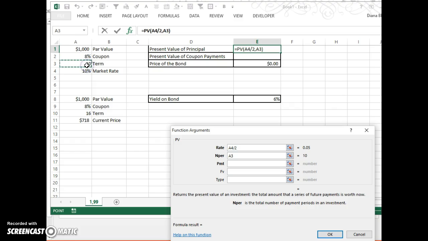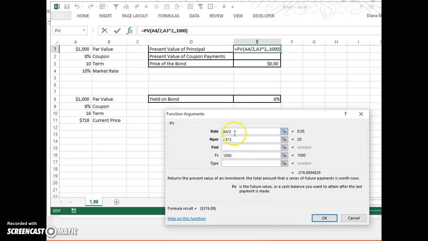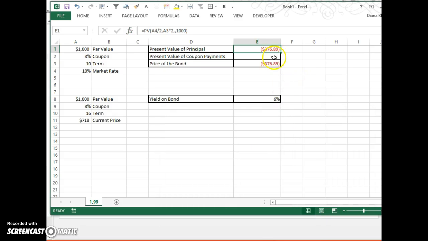And so the number of periods is 10 times 2, 10 years times 2 payments a year. And then the future value that we're going to receive from the bond is $1,000. So we've got the market rate divided by 2, the number of periods multiplied by 2, and the future value. And that tells us that the present value of that $1,000 we're going to get at the end of the bond term is $376.